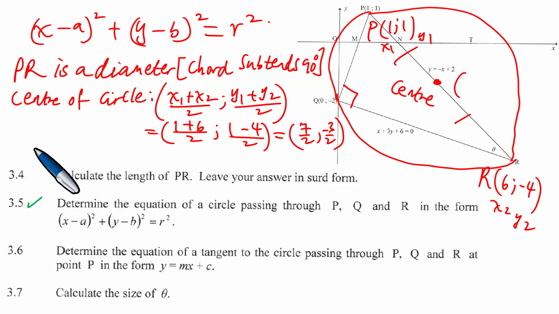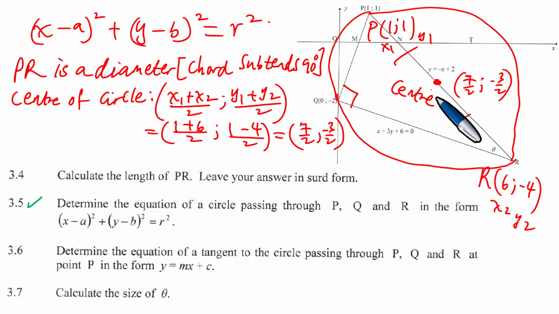So we know that the coordinates of the center are 7/2 and -3/2. This is the center of the circle.